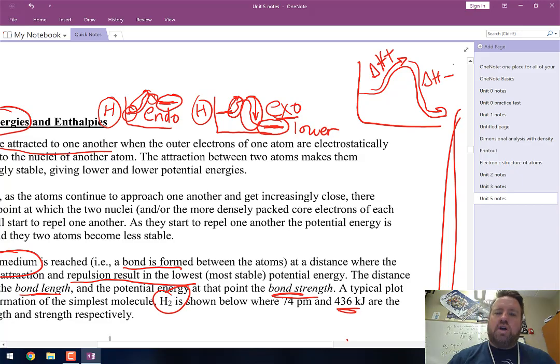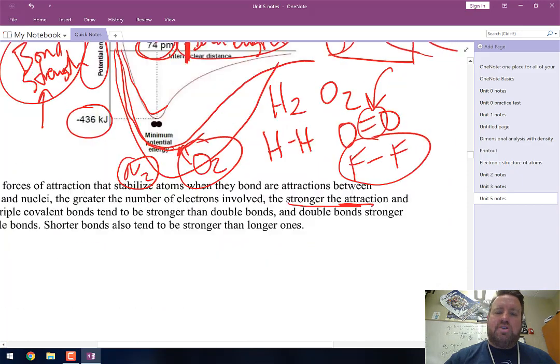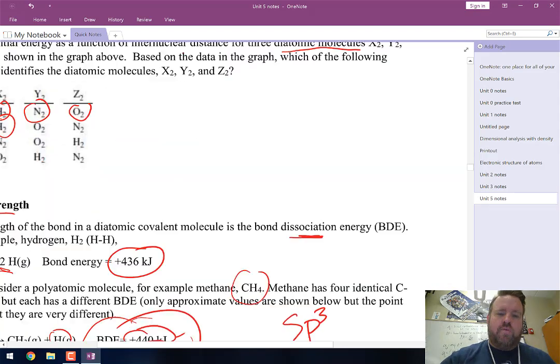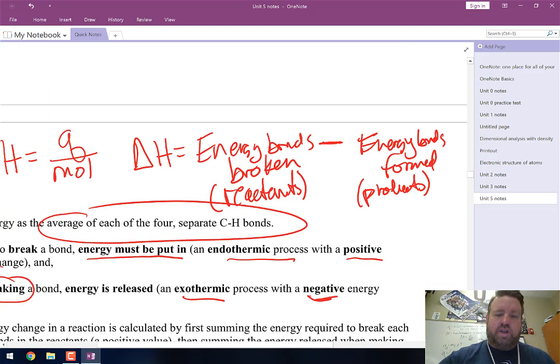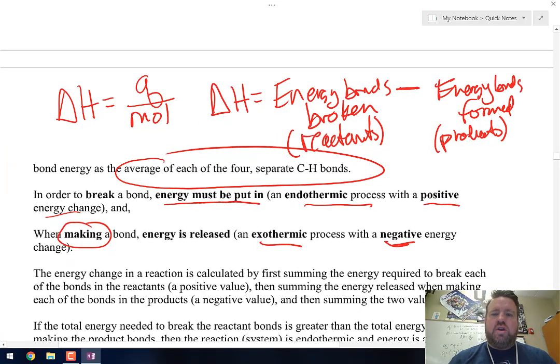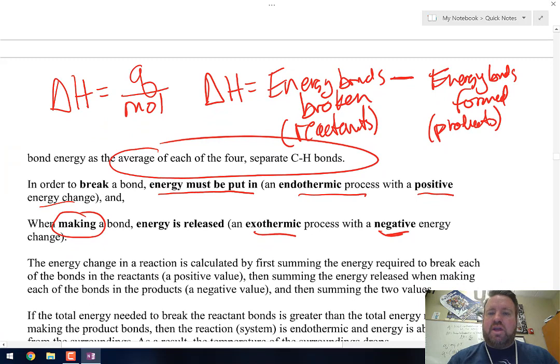So coming back to the equation involving bond energy, the enthalpy change is the energy of the bonds broken minus the energy of the bonds formed. Why is that minus in there? Because remember, this part right here is where energy is released.